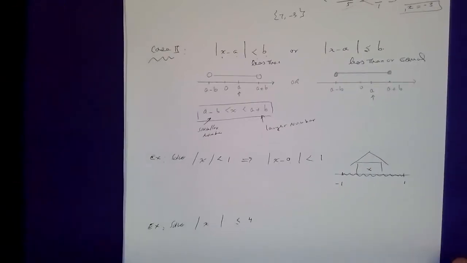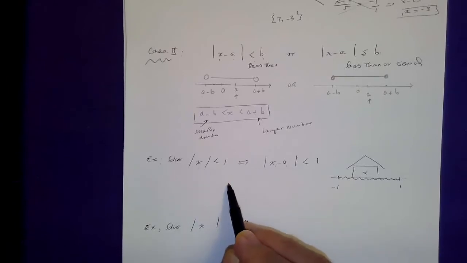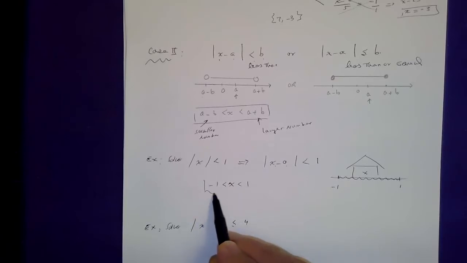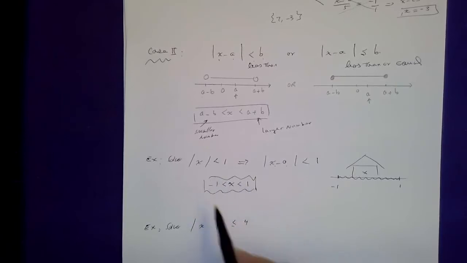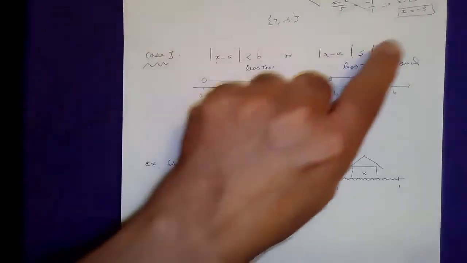So what that means is the following. The solution of this inequality is x has to be between -1 and 1. Notice the final answer showed up in inequality form as opposed to an equation. Do you see it?